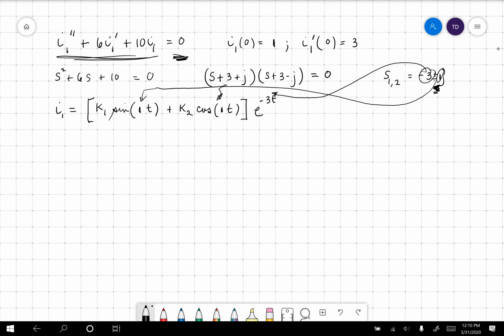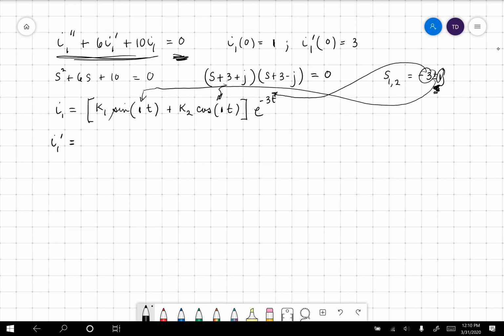So now I have the initial conditions. I'm going to need I1 prime, and this is among the ugliest derivatives that we have to take. Anytime we're dealing with sines and cosines multiplied by an exponential, to find that derivative we always have to use the product rule.